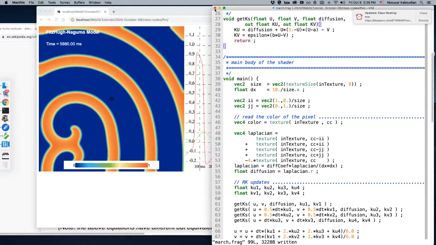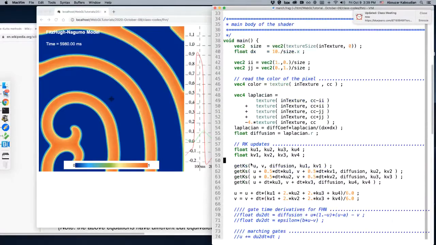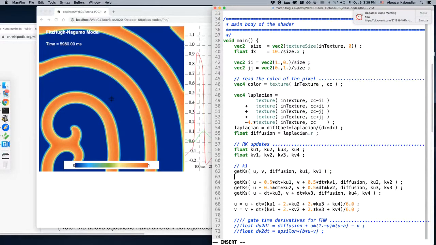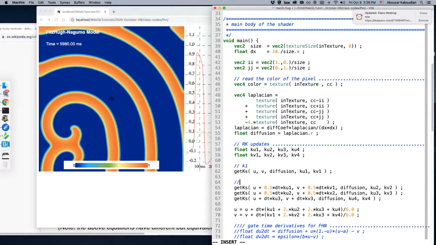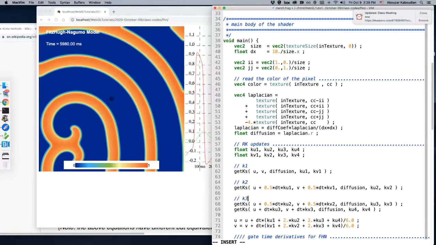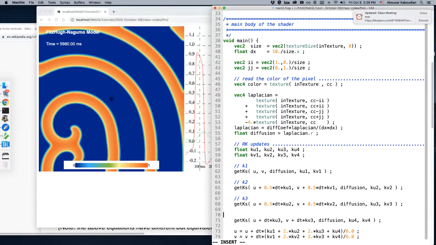So let me save this. This was calculating K1, calculating K2s, K3s, K4s. And this was the final update.